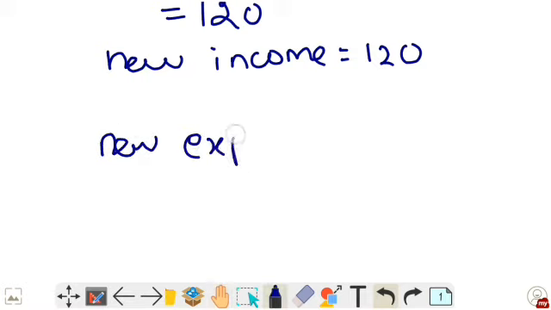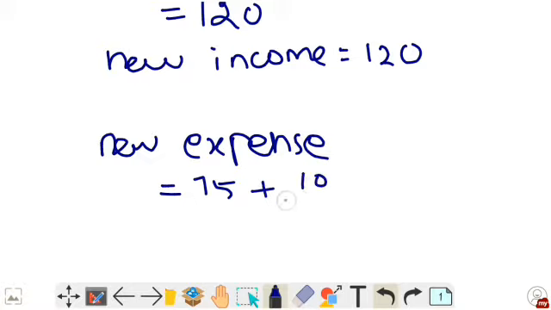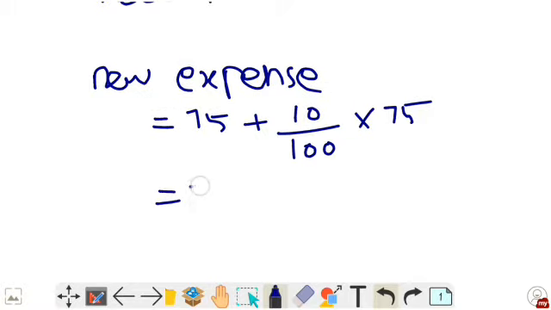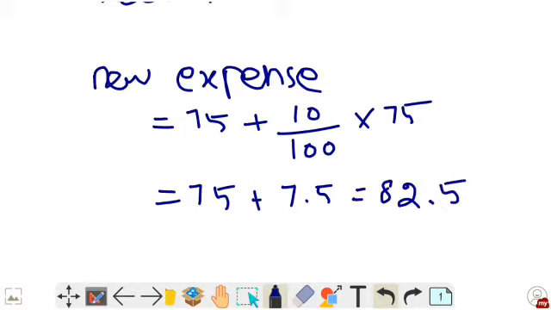New expense is equal to the old expense 75 plus 10% of 75. 10% of 75 is 10 divided by 100 into 75. So 75 plus 7.5, so the answer is 82.5. New expense is equal to 82.5.